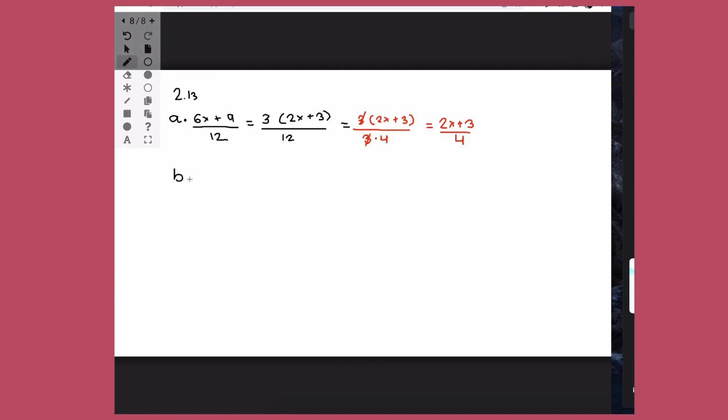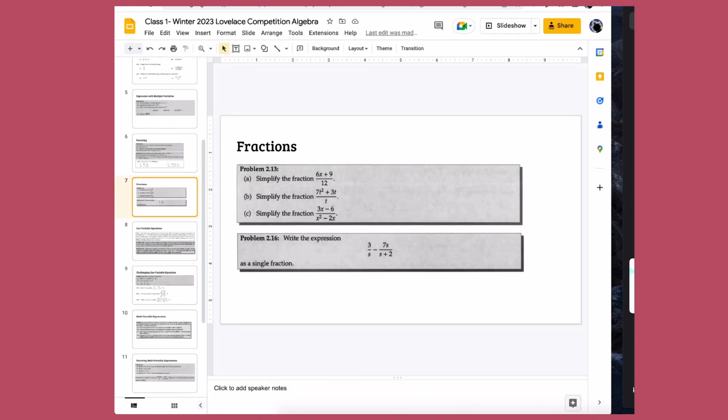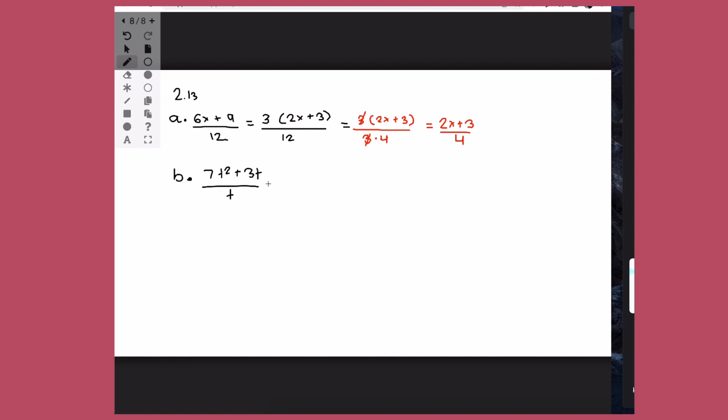Then for b, we were given 7t squared plus 3t over t, I think. Yeah. So then once again, we'll factorize the numerator. So the GCD of 7t squared and 3t is just t.